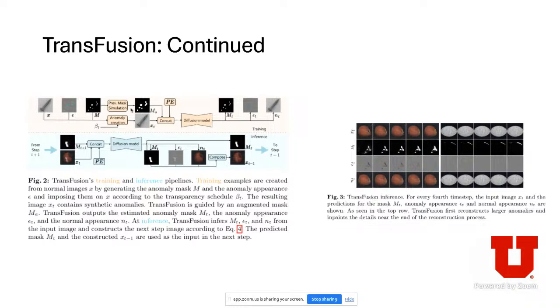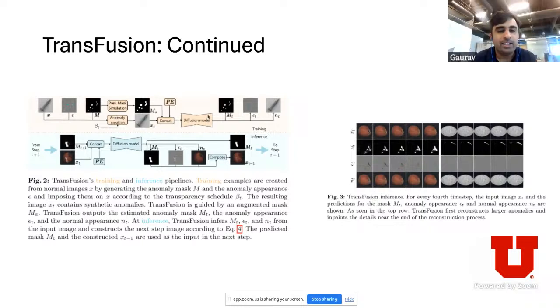And through a diffusion model, you want to recover MT, epsilon, and NT. At the end of the process, M should not contain any anomaly.